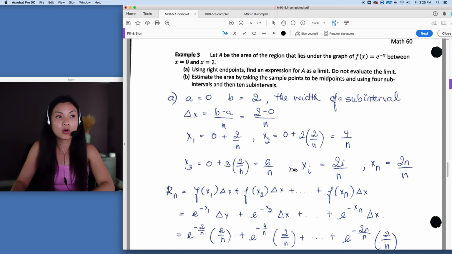So I know that in general, xi is going to be 2i over n. So xn is going to be 2n over n, which is 2.